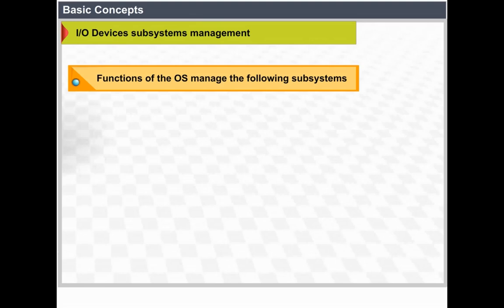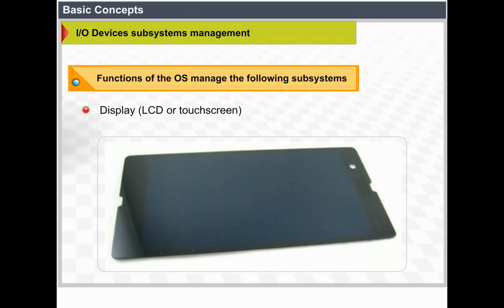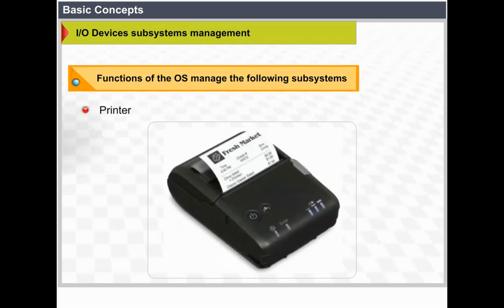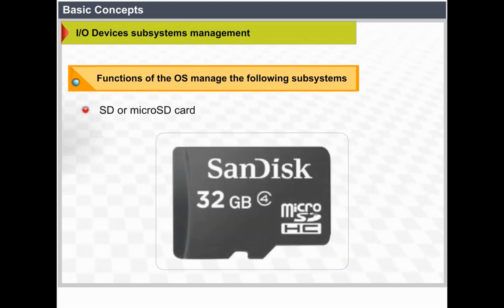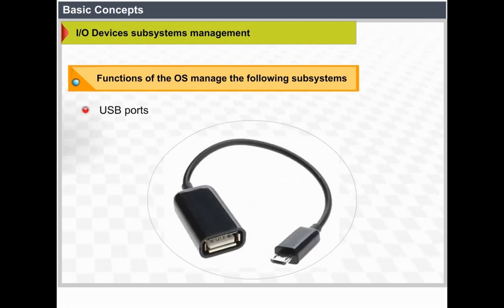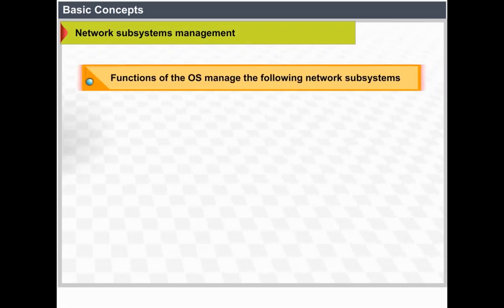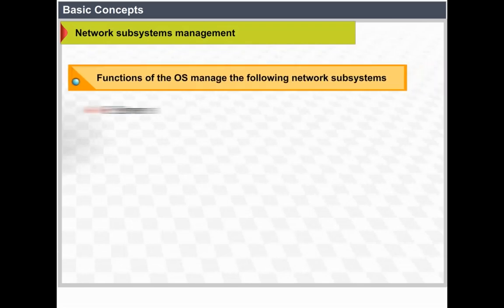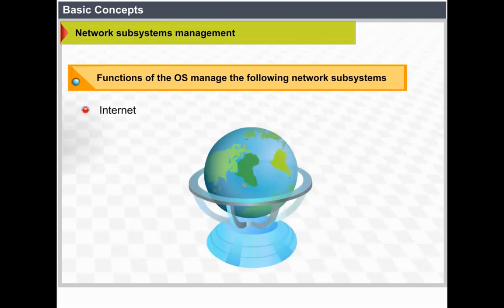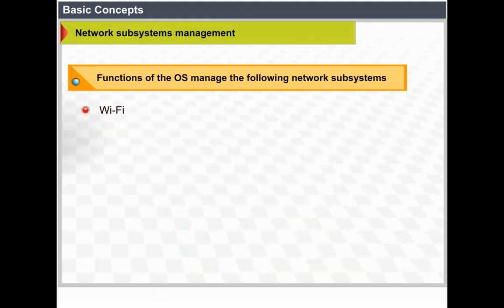Functions of the OS manage the following subsystems: display, LCD or touchscreen, printer, SD or micro SD card, USB ports. Network subsystems management. Functions of the OS manage the following network subsystems: Ethernet, Internet, Wi-Fi.